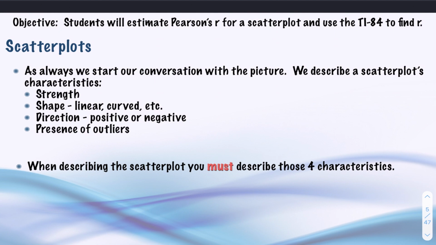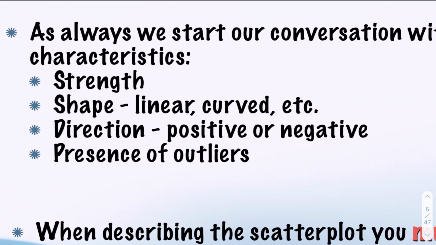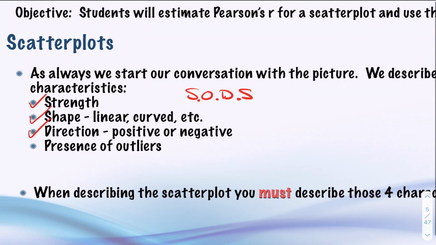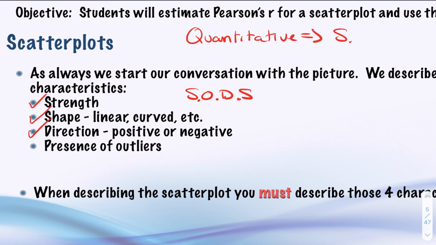With scatter plots, as always, we start our conversation with what the picture looks like. So we describe a scatter plot's characteristics as the strength, the shape, the direction, and presence of outliers. So shape, outliers, direction, and spread gives us SODs. And note, when we were talking about any quantitative variable, we talked about shape, outliers, center, and spread.